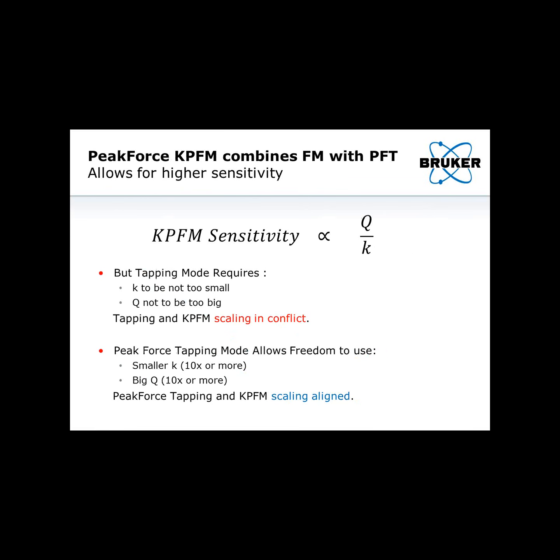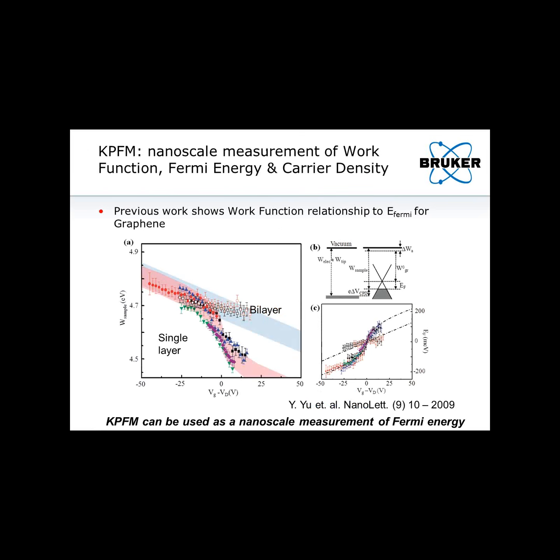Okay, so with that said, I will now go into KPFM measurements performed previously on graphene by some researchers. So this is basically some work that we tried to replicate in a way.